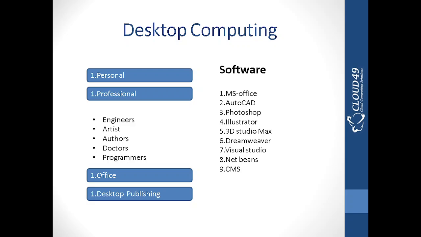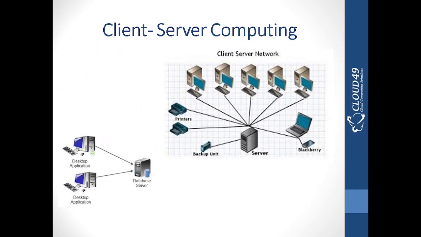computing. Now we are moving to the next, and very important, computing, which is called client server computing. In this environment we have one server machine and other client machines also connected to this server with the help of a specific device. It can be a switch or a hub.